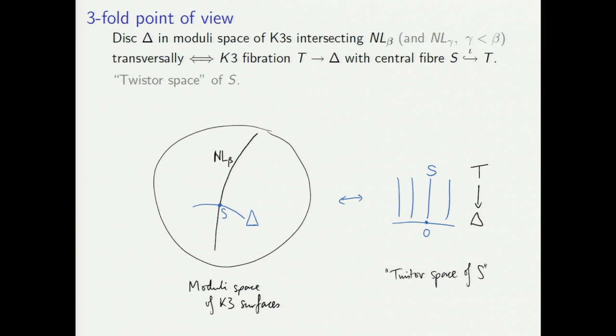Really, they're threefold invariants. What I'm interested in is this threefold, which is a K3 fibration, where I've chosen this disk to be transverse to this Noether-Lefschetz divisor. So the curve class inside this K3 surface central fiber does not deform to the other fibers. It's not of type (1,1) on the other fibers.